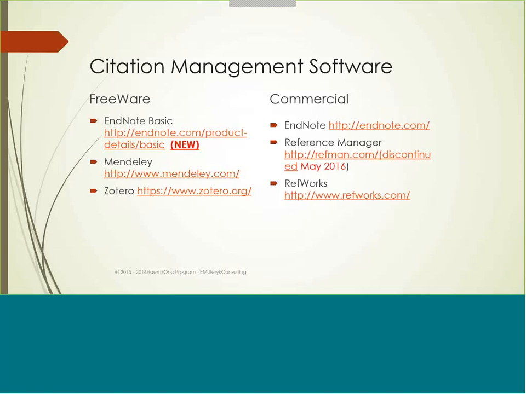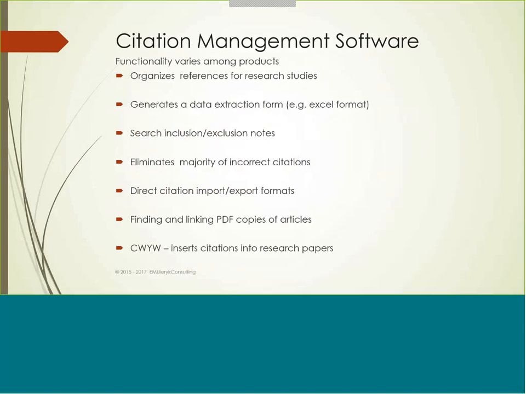Once you find those articles, it's really nice to organize them properly. So here are some of the reasons why you would want to use citation management software. The main thing is that it gives us one place to keep everything, preferably saved on a network drive, so that you have the references and the PDF copies linked in one place, as opposed to cluttering up your hard drive. You can use it to share the references with others and to do analysis.